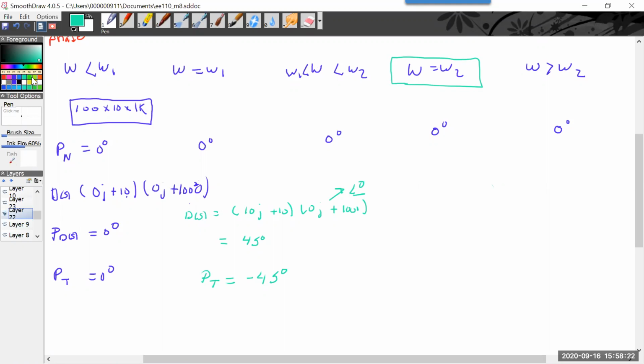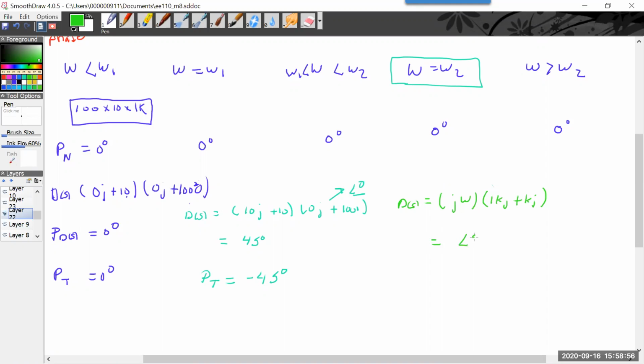I'm going to skip to here. The first root, it's all J omega now because omega is a lot bigger than the first pole, right? But now we're at 1kJ plus 1k.